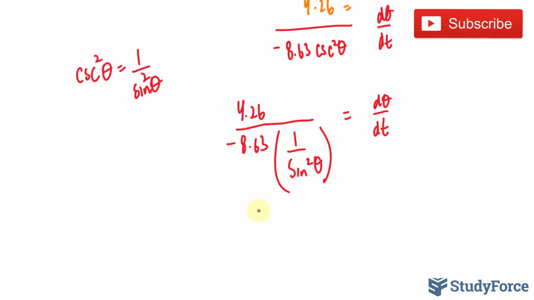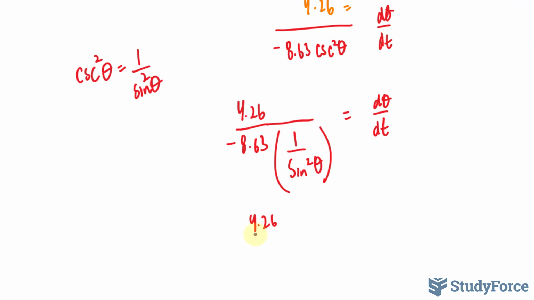Cleaning this up a little bit, I get negative 4.26 over 8.63 at the bottom, and at the top I end up with sine squared theta is equal to d theta over dt. Now all I have to do is substitute 55 degrees into here.